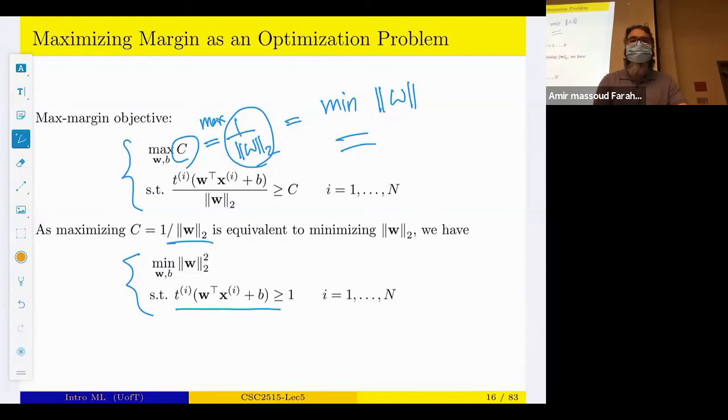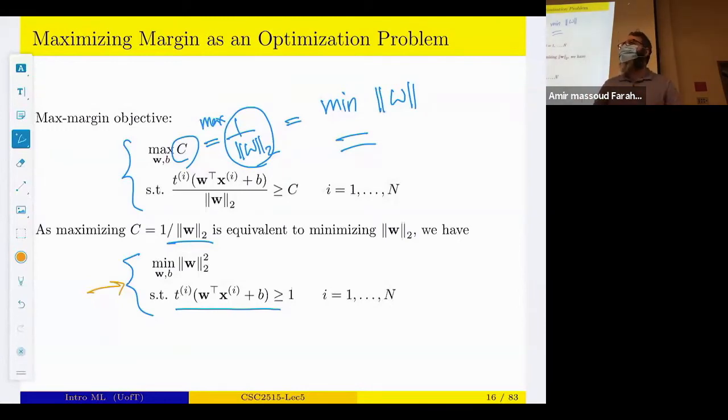Okay, question. If you have this optimization problem, this is a constrained optimization problem. What kind of constrained optimization problem is it? Okay, so it's convex. That's true.